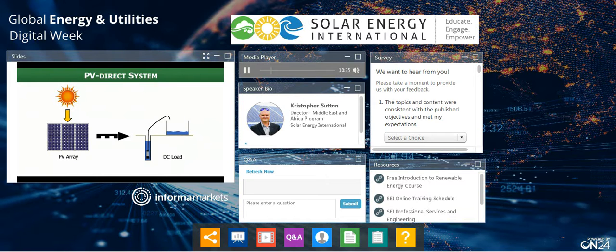So that's another PV direct application where we could end up with AC. That's our basic system. It's a bit limited in its application, but for the right thing, it's maybe the cheapest way to solar power something like a pump load.